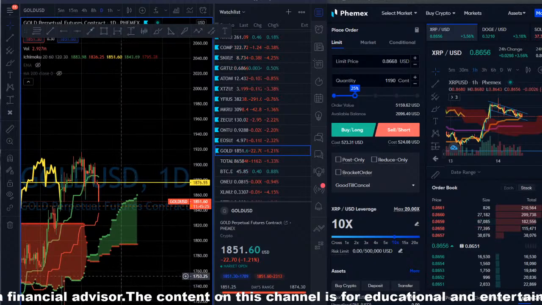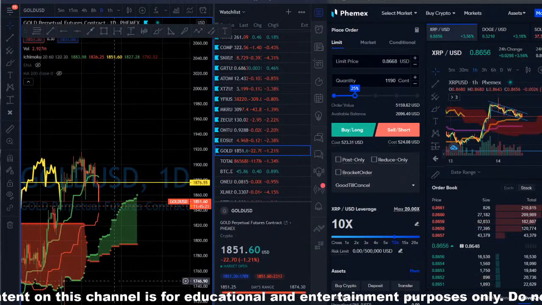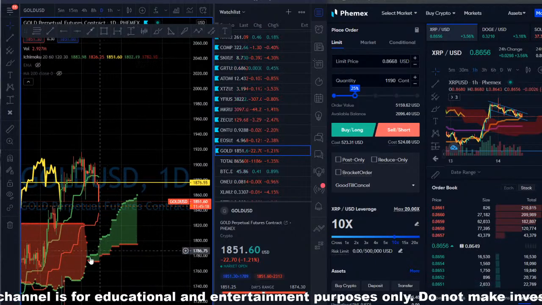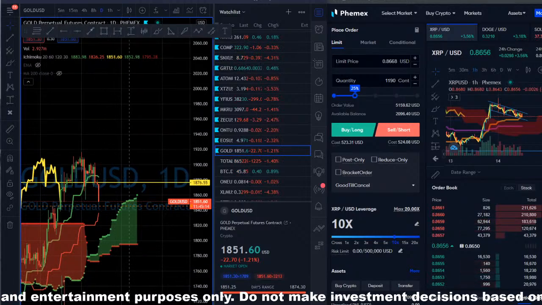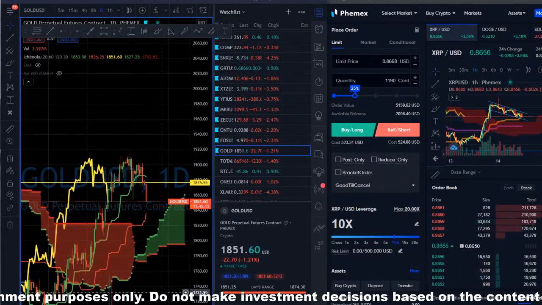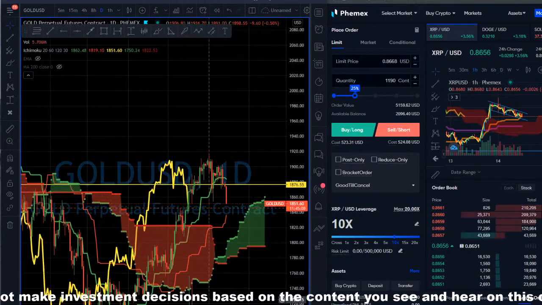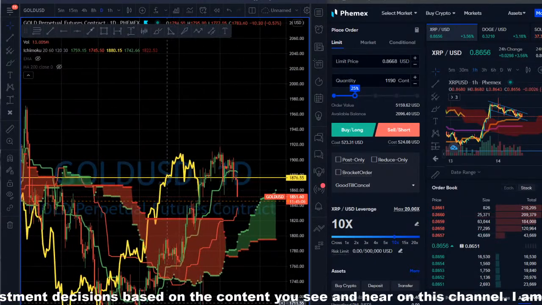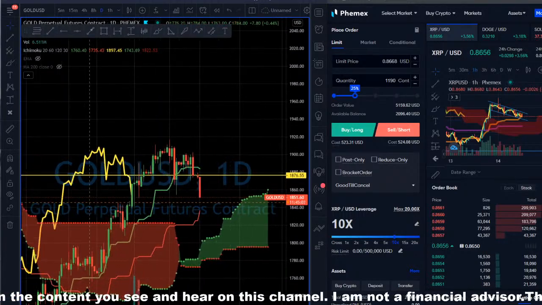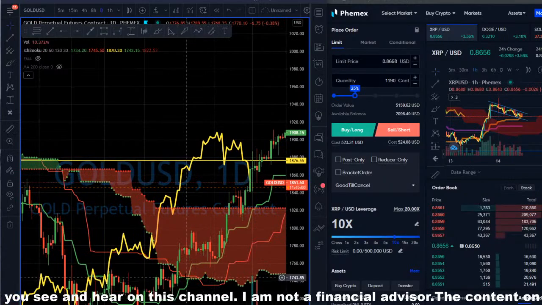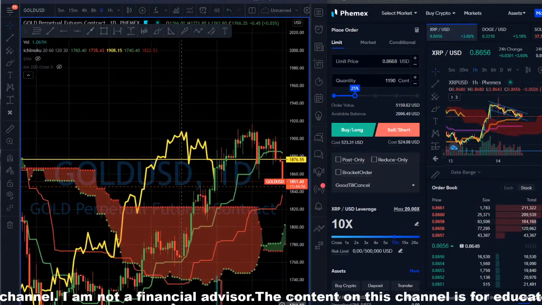I didn't catch gold. I've seen a lot of news about it and everything, and I didn't get a chance to actually trade it. But if you look at it, it had a bullish crossover. Well, I'm not really going to say it's that bullish, because it depends on where this cross happened.